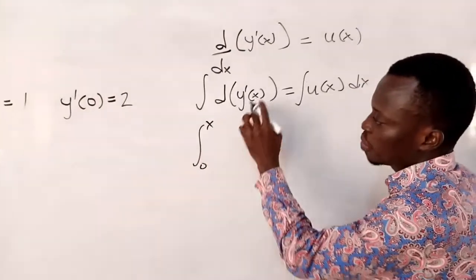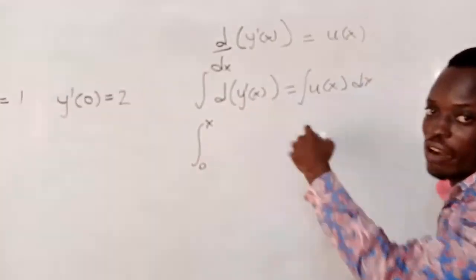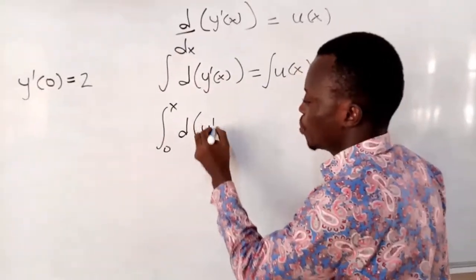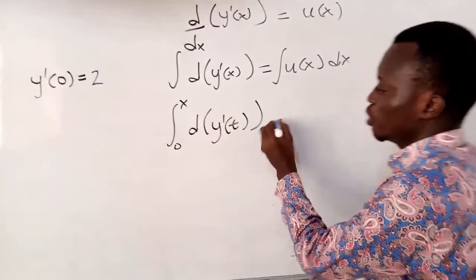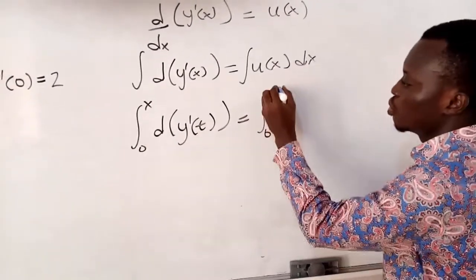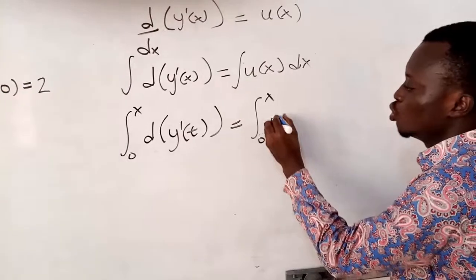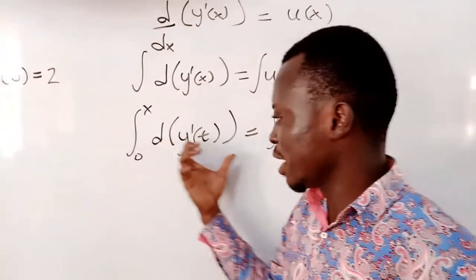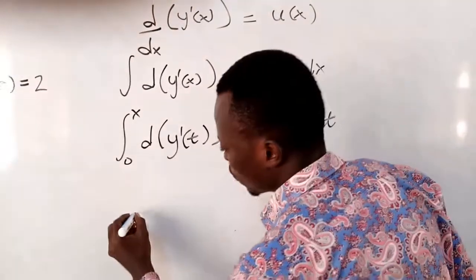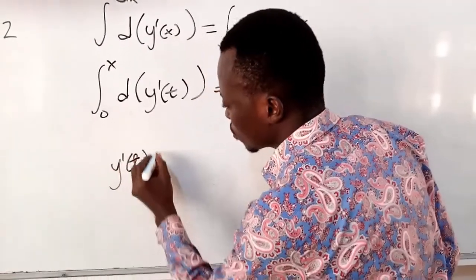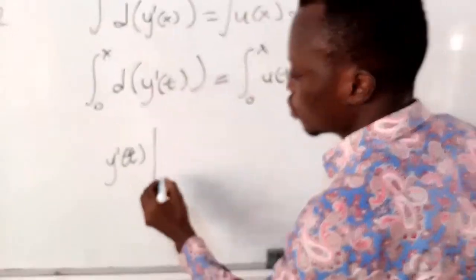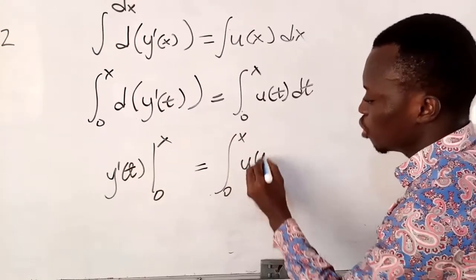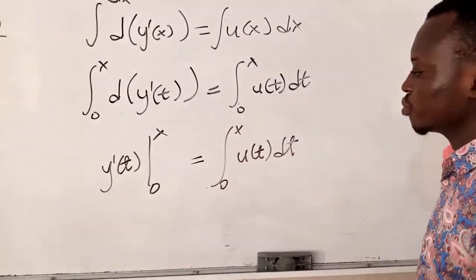Since we are using s here, that means we need to change the variable here to another variable for better communication. So we are going to have dy prime of t, which is equal to integral from 0 to s u of t dt. Now if we integrate this side, we are going to have y prime of t evaluated from 0 to s, which is equal to integral 0 to s u of t dt.